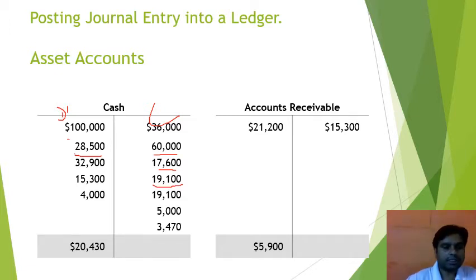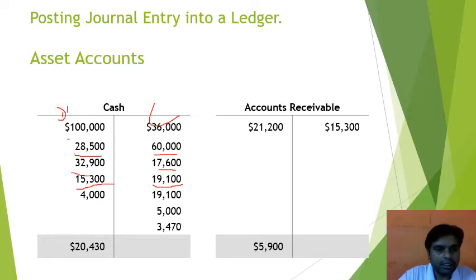The next transaction of cash was that we received 15,300, and it was received from the receivables account. So 15,300 was received, and we have written it on the debit side.